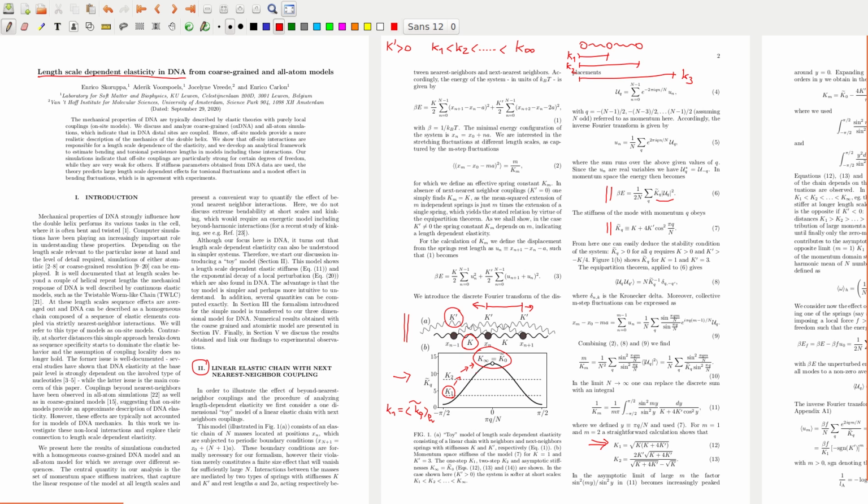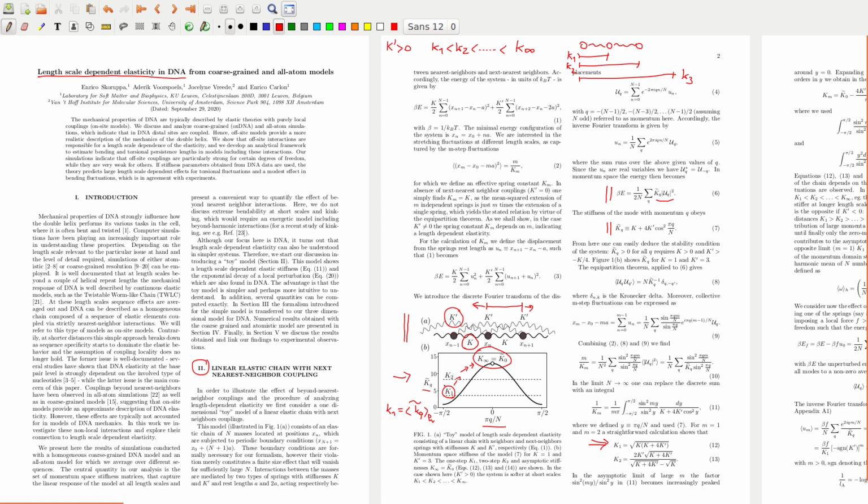A plot of K tilde versus Q gives a direct and convenient representation of how the system behaves. A strong dependence of K tilde on Q indicates strong differences between local and asymptotic stiffnesses. This is a consequence of strong coupling between nearest neighbors.